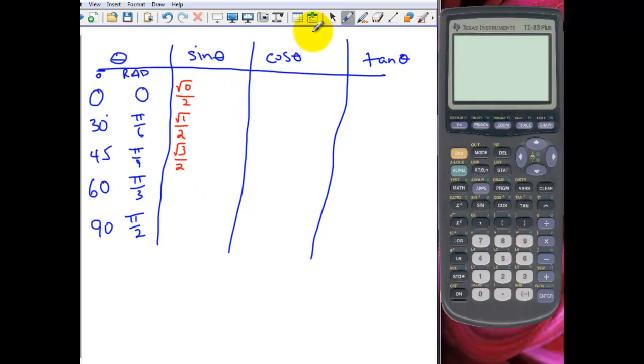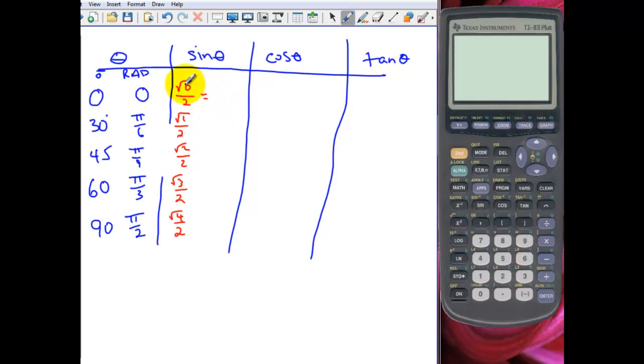I'm sorry, I missed one. I skipped 2 here. Square root of 2 over 2, square root of 3 over 2, and square root of 4 over 2. Notice the numerators go square root of 0, 1, 2, 3, 4, and the denominators are over 2.